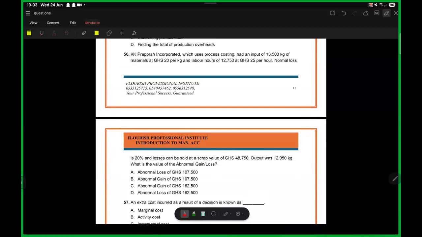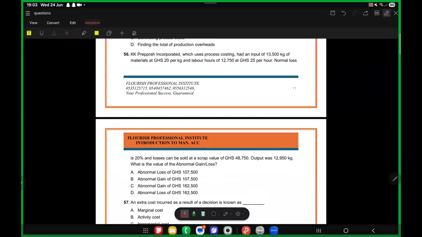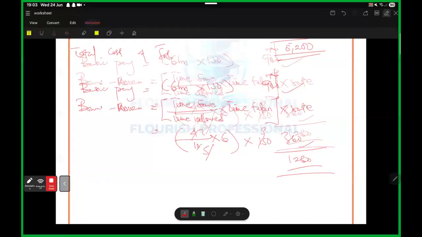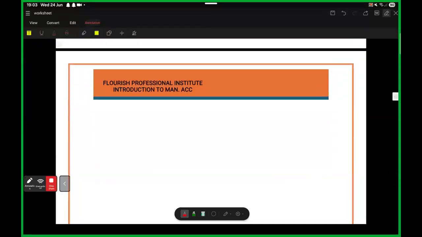KK Prepare Incorporated uses the process cost and had an input. So here we are having the input quantity. I'm trying to get the figures right. So the input quantity here was given as what? Is it 13,000 kg?